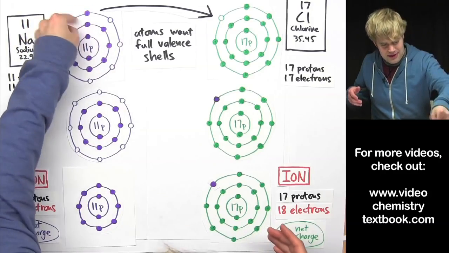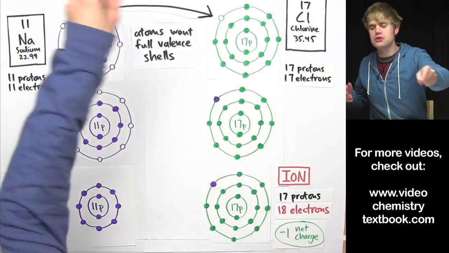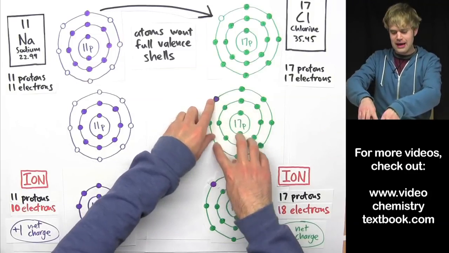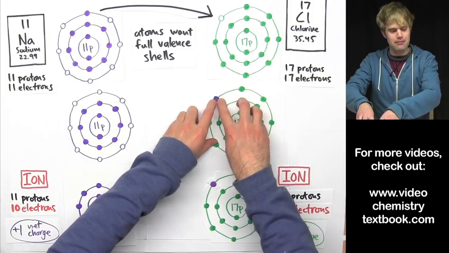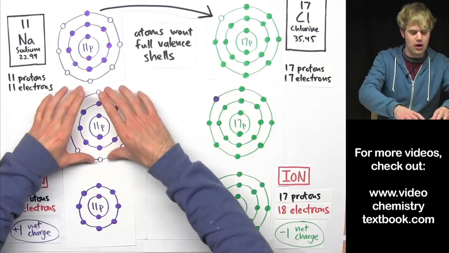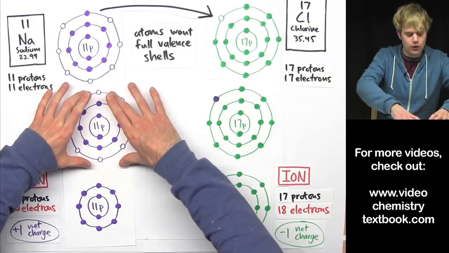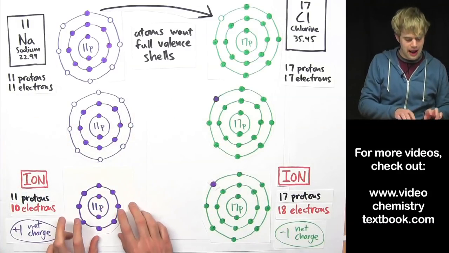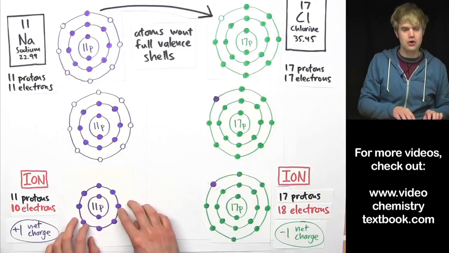So the electron here moves from sodium to chlorine. Okay, so now chlorine has 1 more. It has a full valence shell, and it's happy. Sodium empties out its valence shell, so it's almost like that old valence shell just disappears. We end up with this, and the new valence shell is totally full.